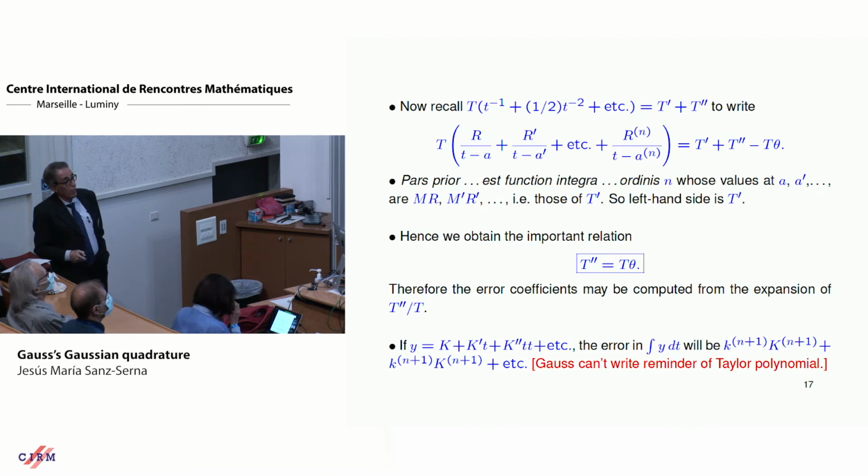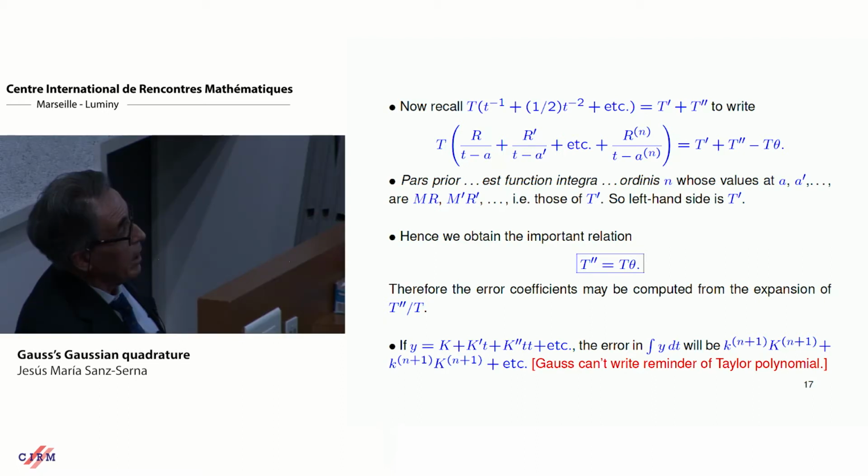Now we recall the fourth line on the blackboard, that we multiply t by this fancy rational function to get a polynomial t prime and a remainder t double prime. And then in the previous slides, he multiplies across by t. So he gets t, the generating function of the quadrature, the polynomial, the remainder, the generating function of the error.